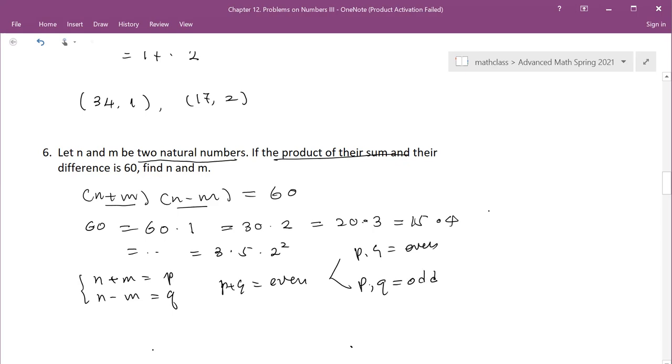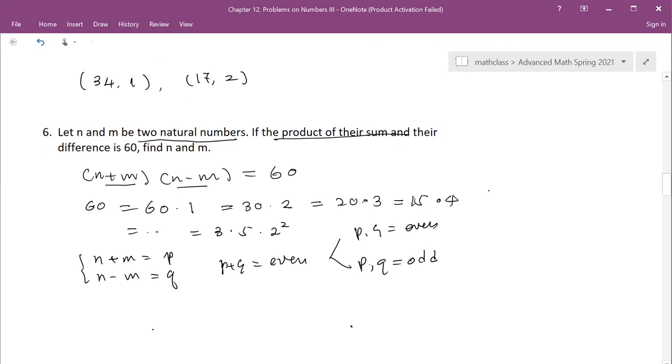Now, how can we make that happen? I can make them both even, then the 2s should be distributed. Can the second case happen, where both are odd?